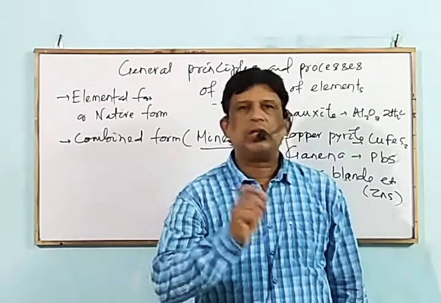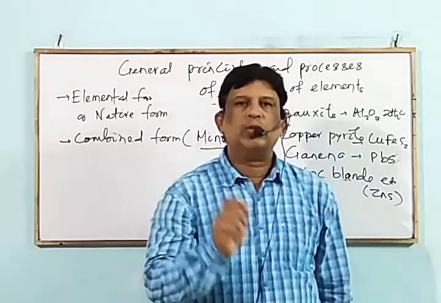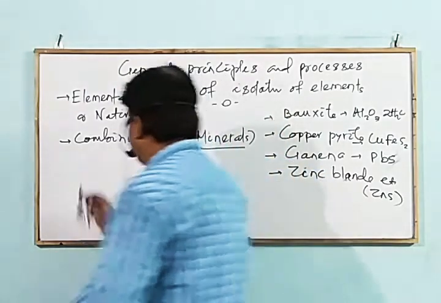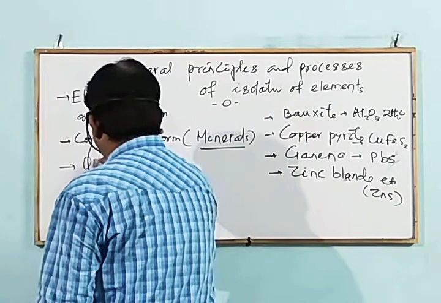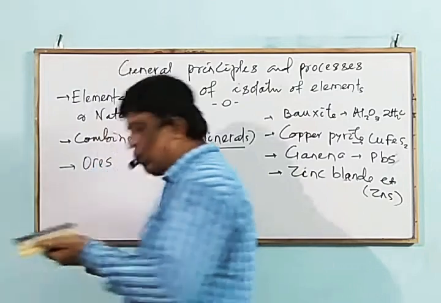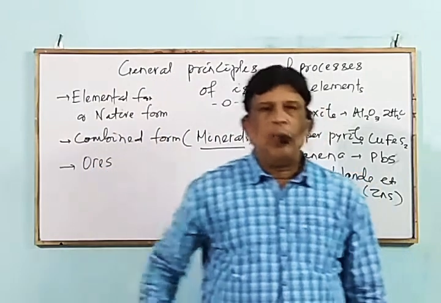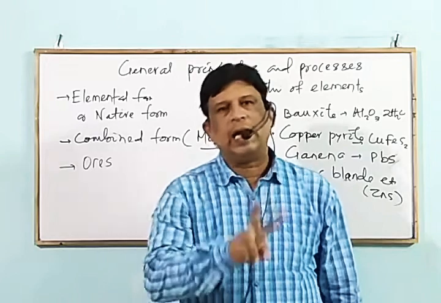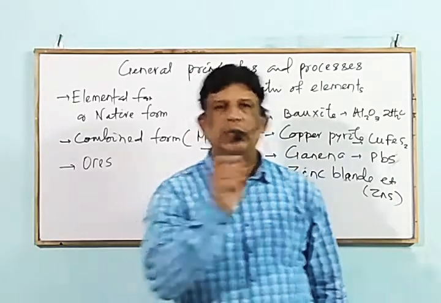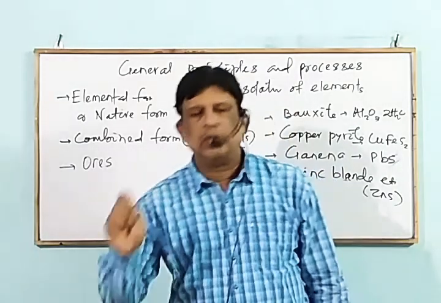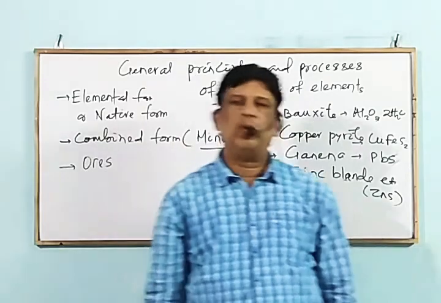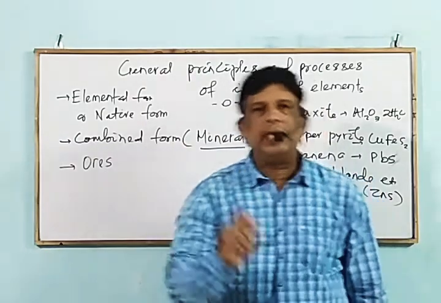Next, we discuss another term, that is ore. In compound form, a metal exists in two different forms: one as a mineral and one as an ore. What is ore?